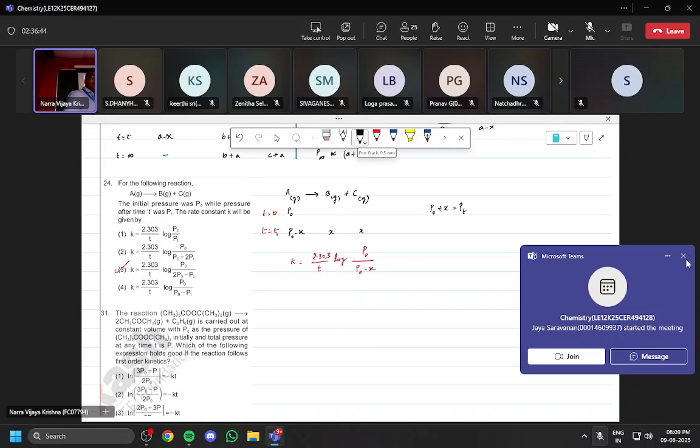So P naught upon P naught minus X. Now from here, X can be written as PT minus P naught. Therefore, P naught minus X equal to P naught minus, instead of X, PT minus P naught.